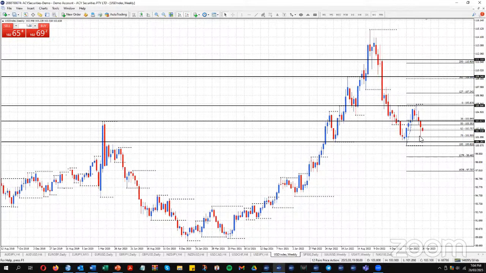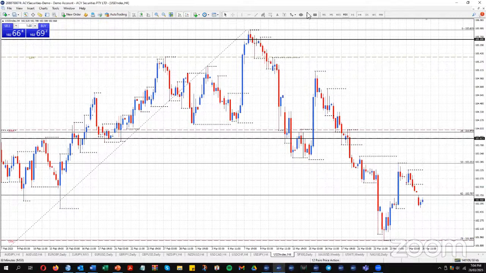So, it's going to be interesting. Are we going to put in a higher bottom or is this continuing down? It's worth monitoring closely. This is the move up of last week, or this is the rejection of last week. Last week's whole move was here. This is Thursday, Friday, rally back up.